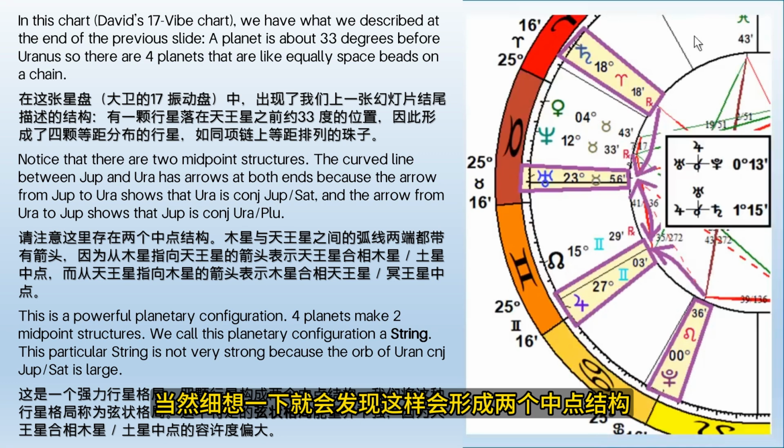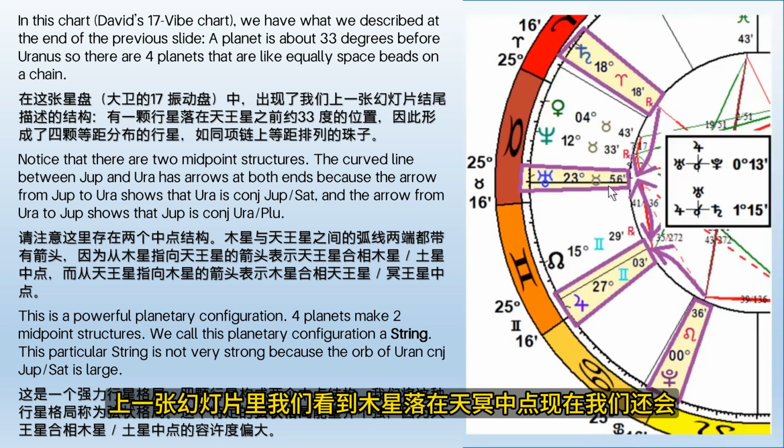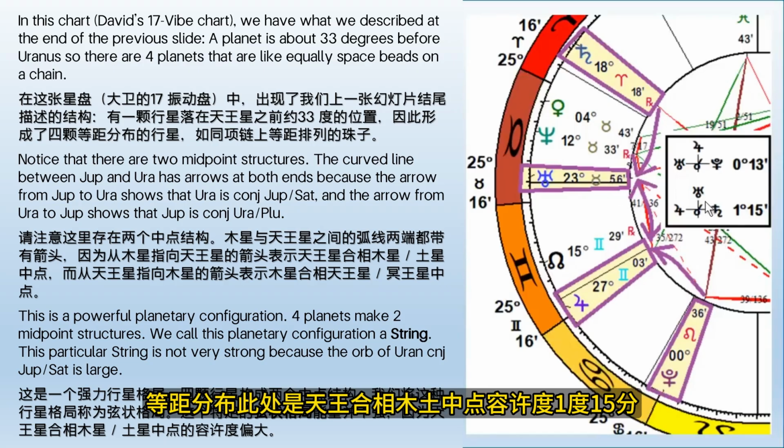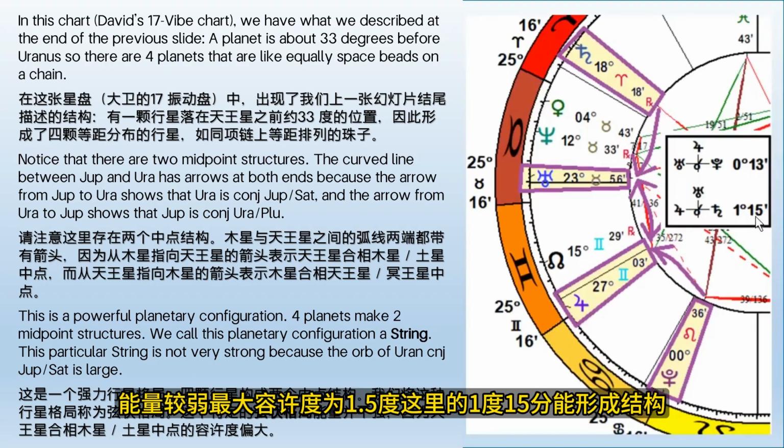Of course, if you think about it, you're going to end up with 2 midpoint structures. As we saw in the previous slide, we have Jupiter at the Uranus-Pluto midpoint, and now we're also going to have Uranus at the Jupiter-Saturn midpoint, of course, because they're about equally spread. Now, in this case, the Uranus conjunct Jupiter-Saturn midpoint is 1 degree 15 minutes. That is weak.